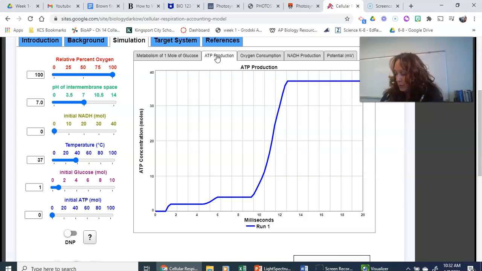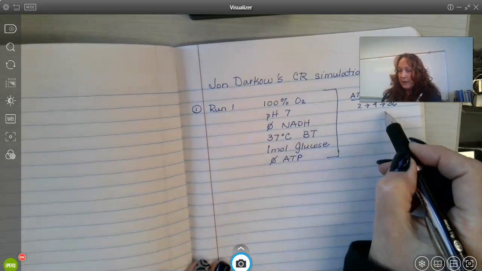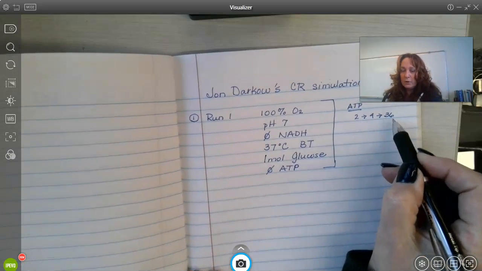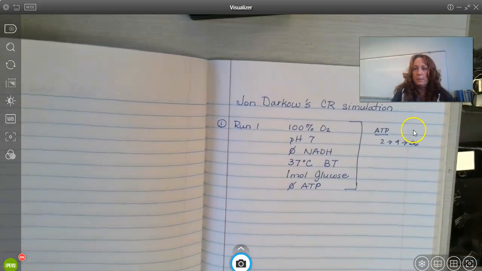I had 2, and then I had 4, and then I had about 36-ish. I just gave myself the pattern of what happened over time. Let's keep on going.